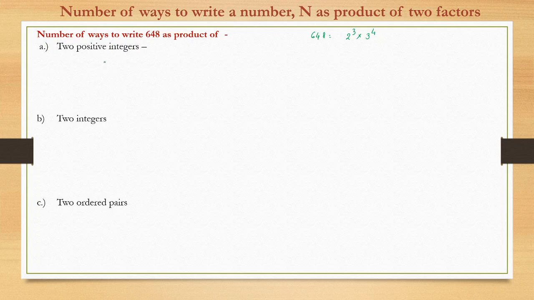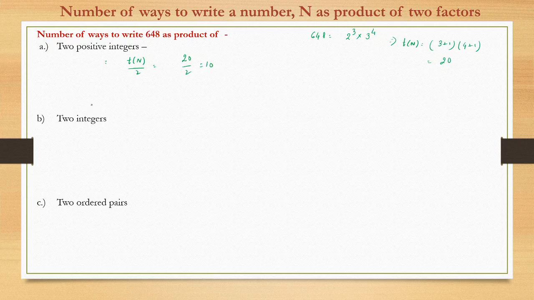The required number of ways would be tn by 2, where tn is the number of factors of the number. Tn is 3 plus 1, times 4 plus 1, so 4 into 5, 20. Now 20 upon 2 gives 10.